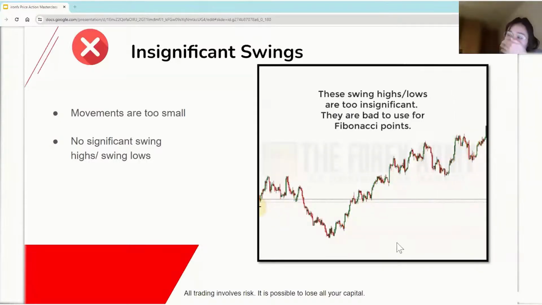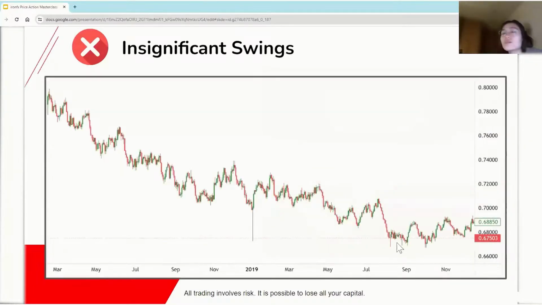Here's another example of insignificant swings. You can see there aren't really any clear patterns here. No real swing highs or swing lows.